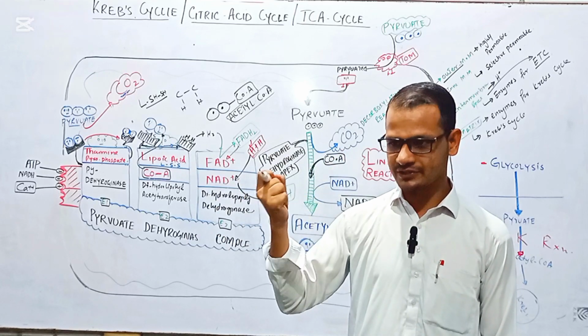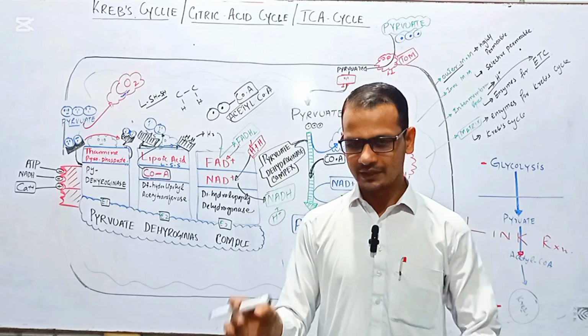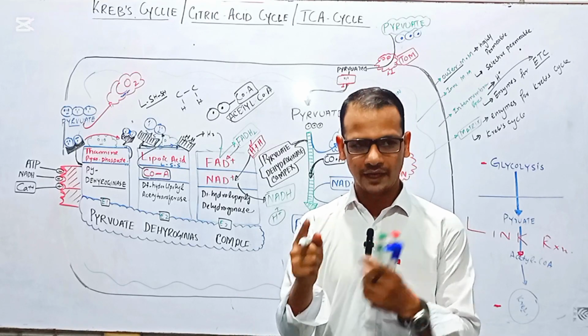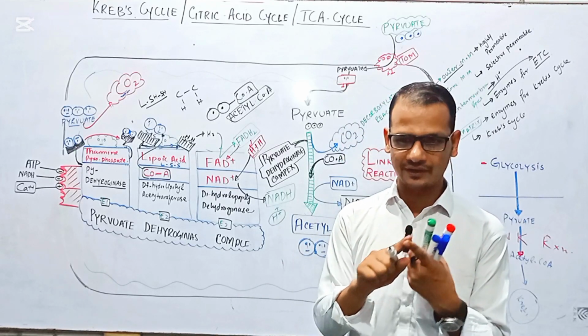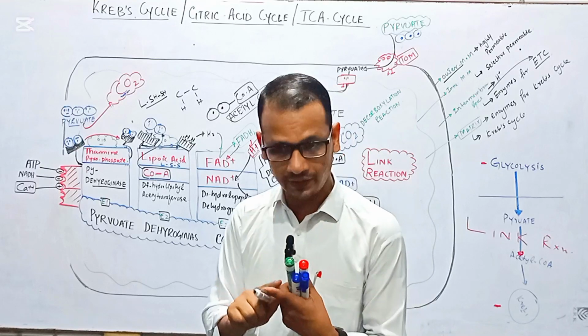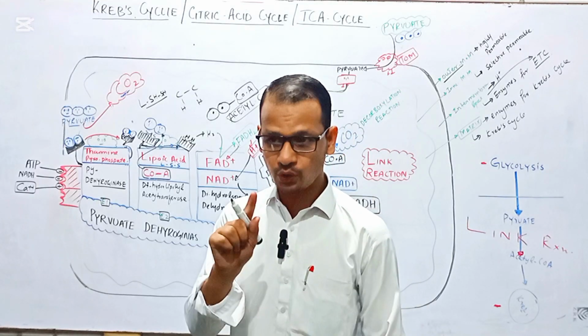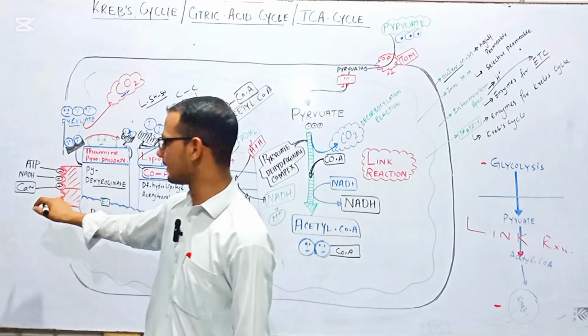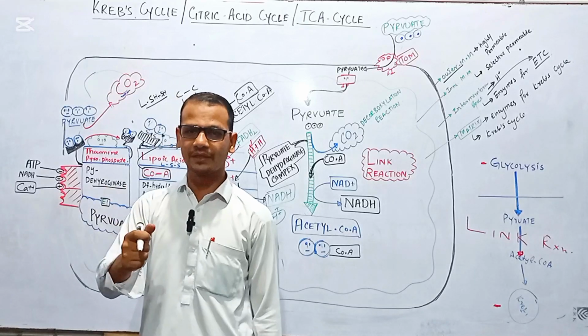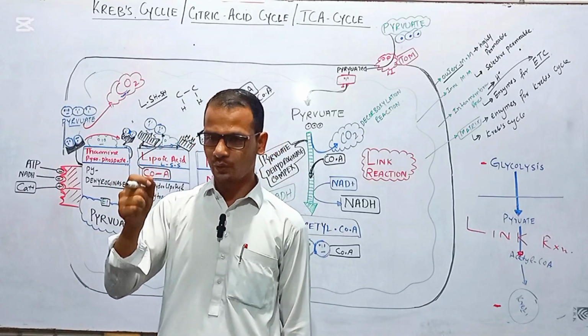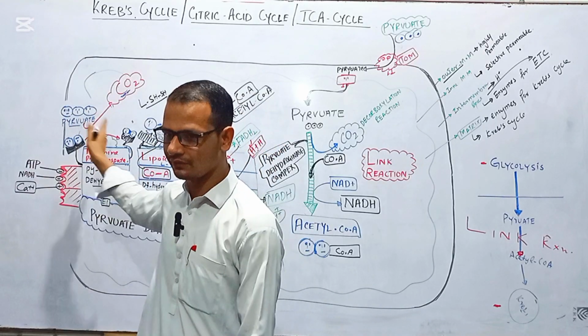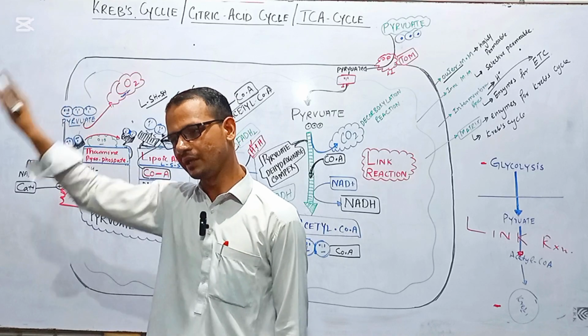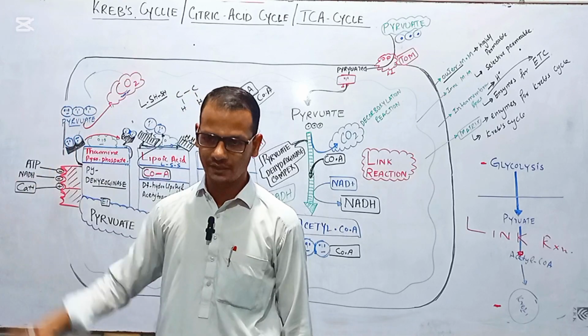We have discussed this process in detail. By calcium, the muscles will start contraction, and when the muscle is contracting regularly, it will need energy. So when the calcium amount in the cell increases, it means that the muscles are working, and when the muscles are working, there is a need of energy, and this pathway will regulate it and will form energy.